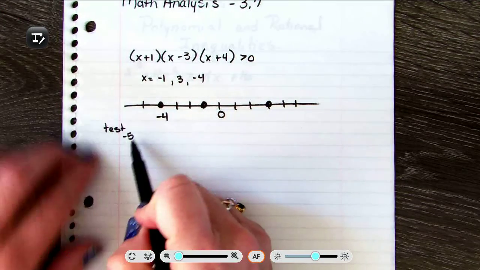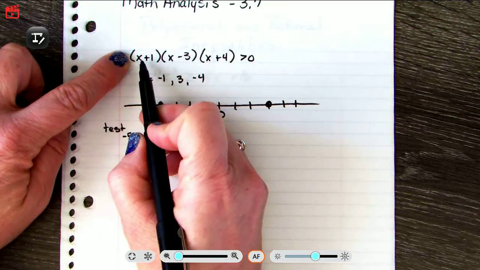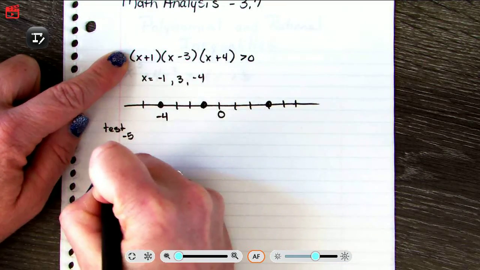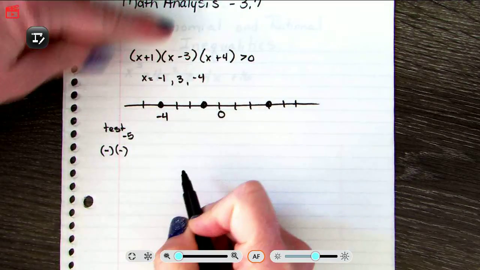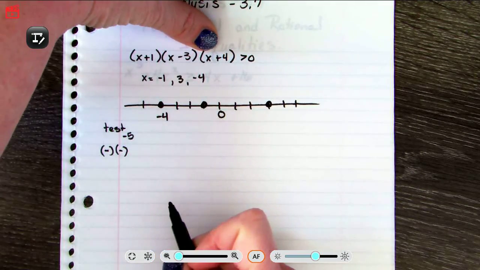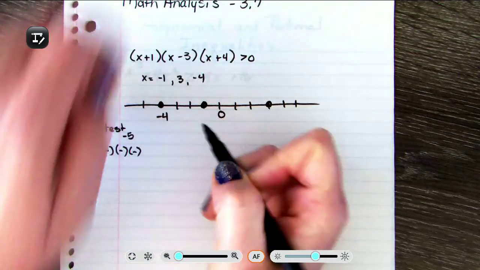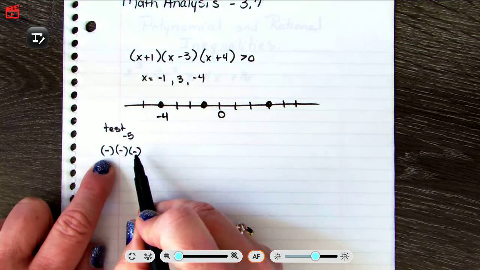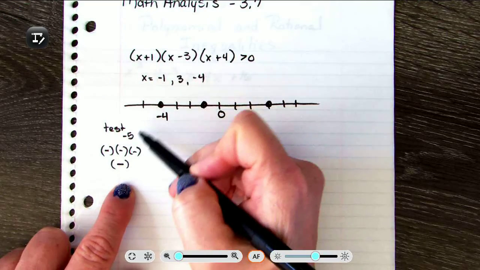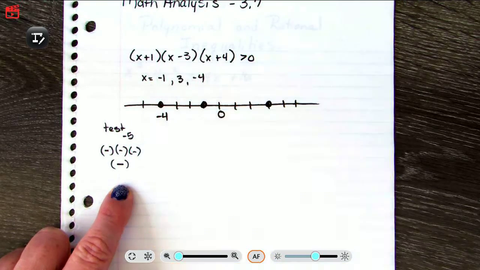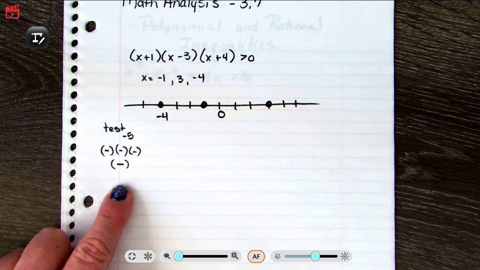Now, substituting -5 into this first factor, I would get a negative number. Putting it in the second factor, I would get a negative number. And putting it in the third, I would get some sort of negative. Now, a negative times a negative times a negative is negative, which means I'm going to be below that x-axis.